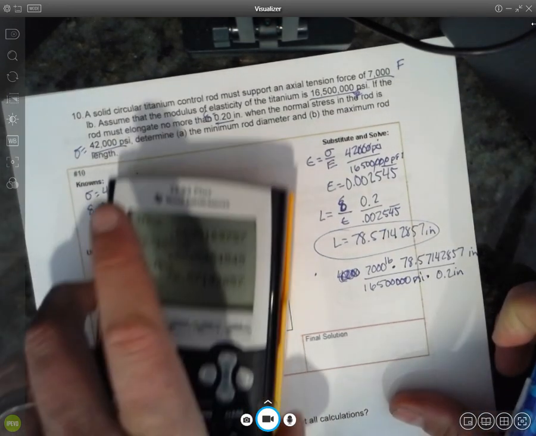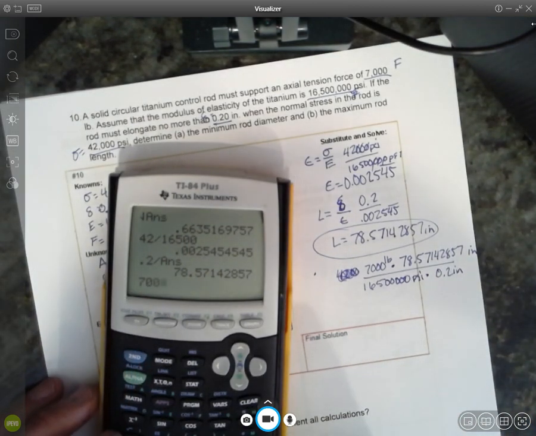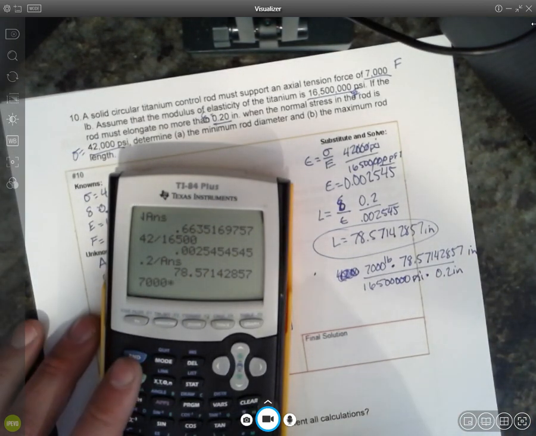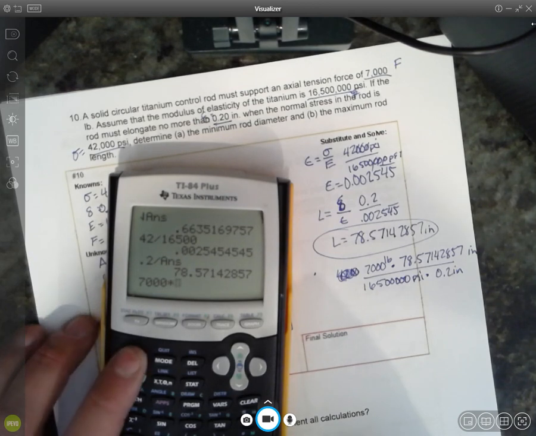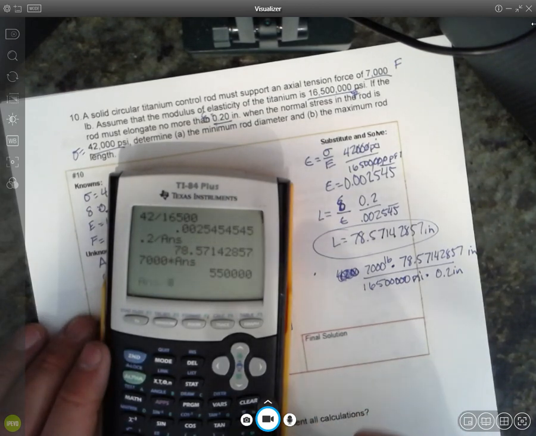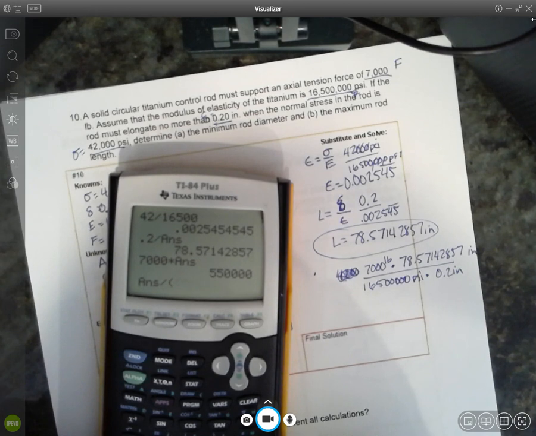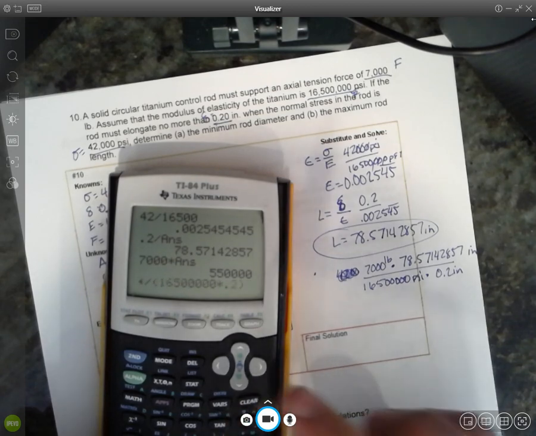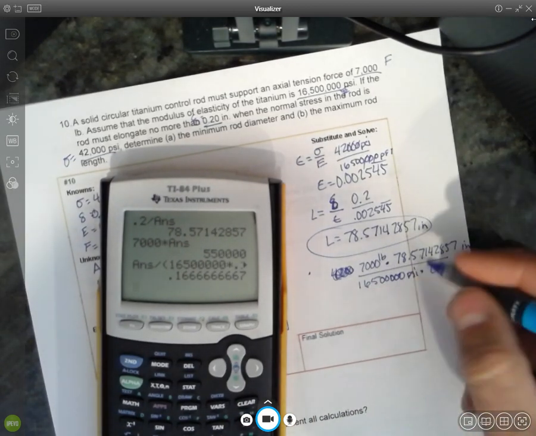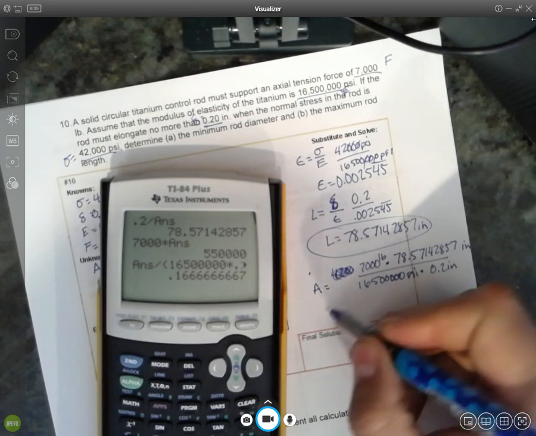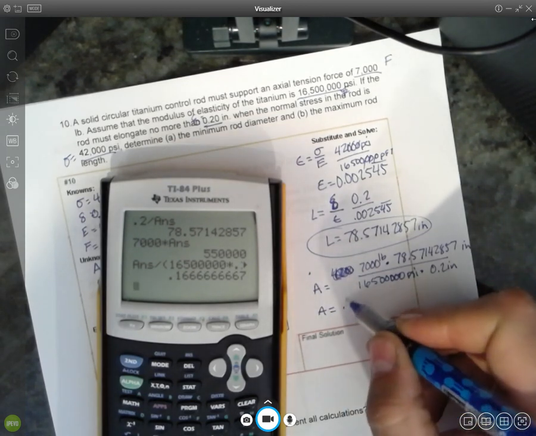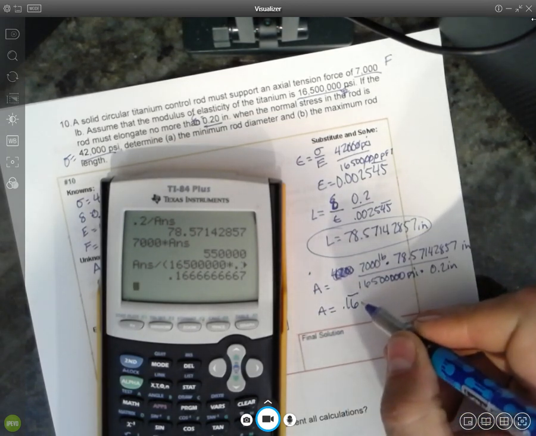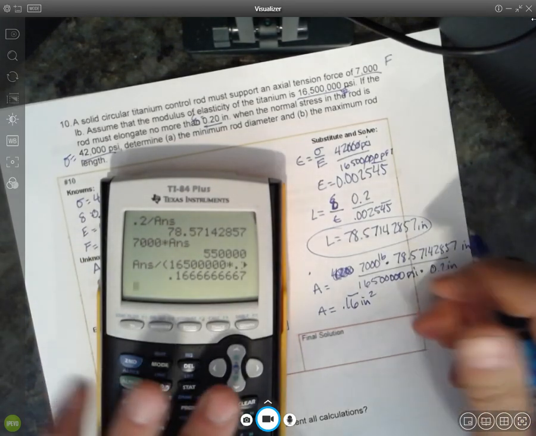And just plug it in, 7,000 times our answer divided by parentheses 16,500,000 times 0.2, and that gives us an area of 0.16 repeating inches squared.